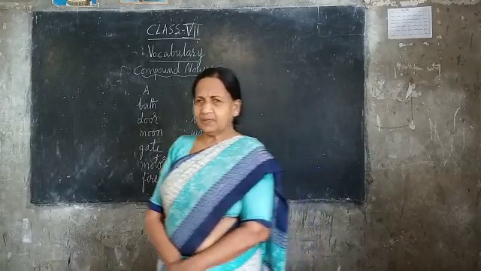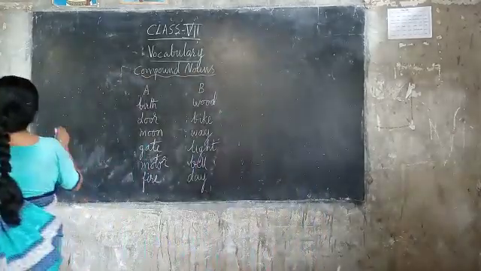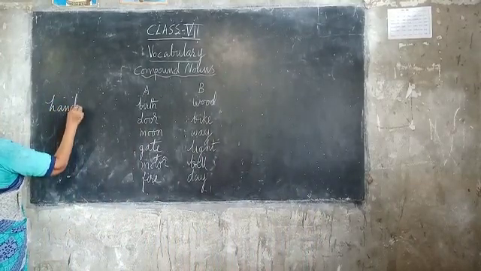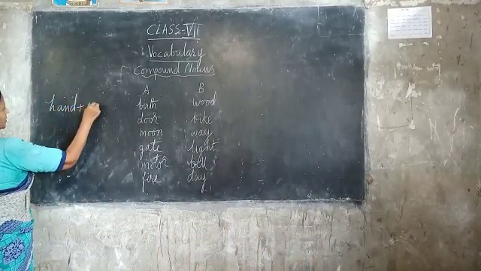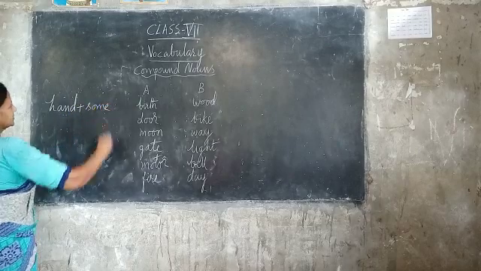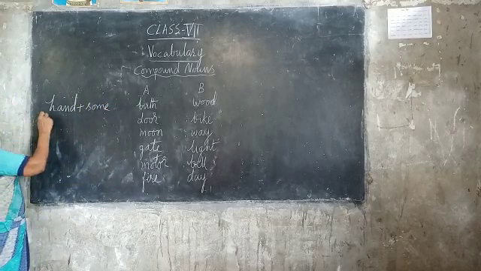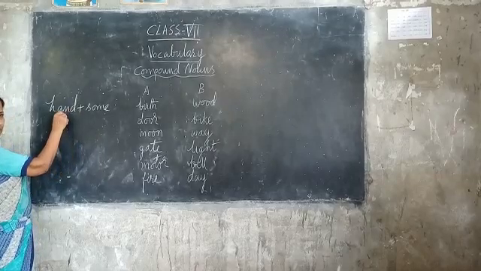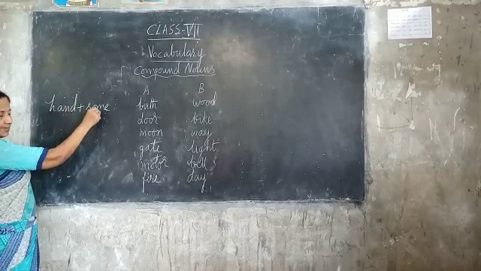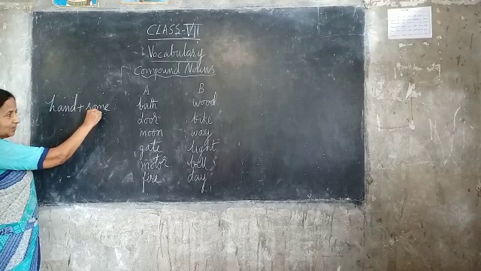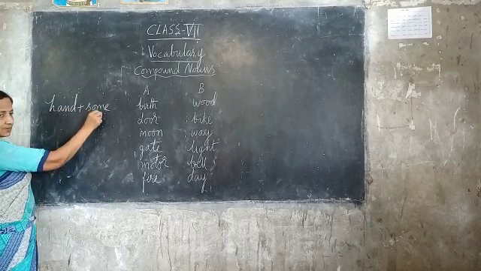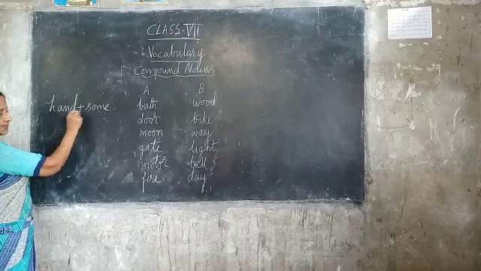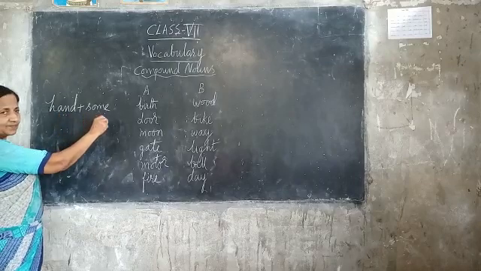For example, I will write on the board hand, H-A-N-D, plus S-O-M-E. So, what is the word? Handsome. Hand is a word by itself. Some is a word by itself. But joined together, they make one word. The word is known as handsome.